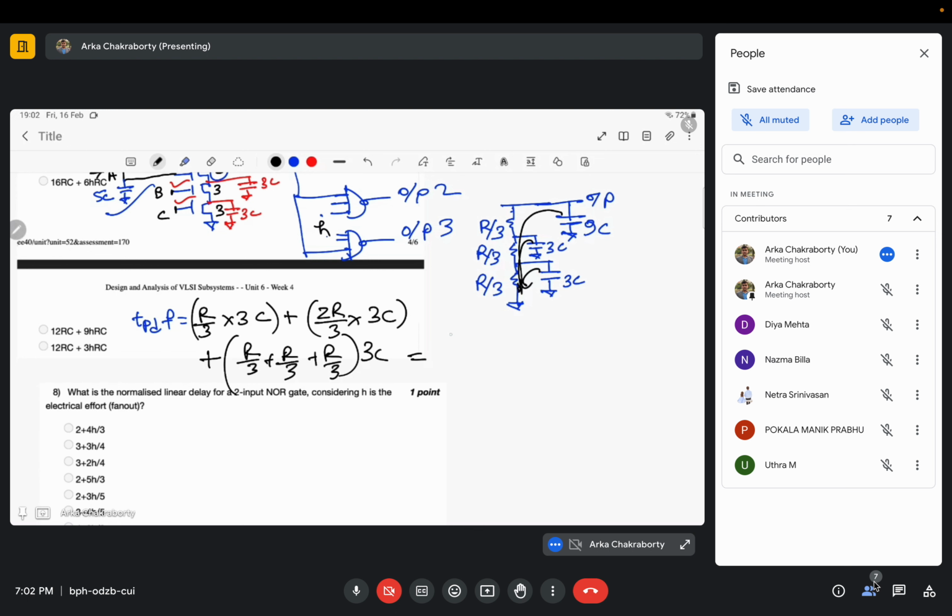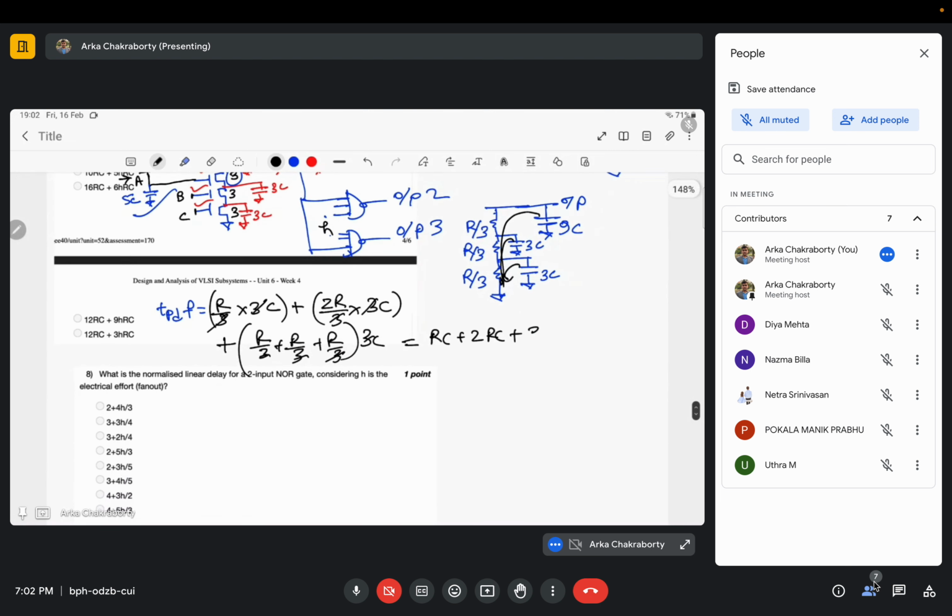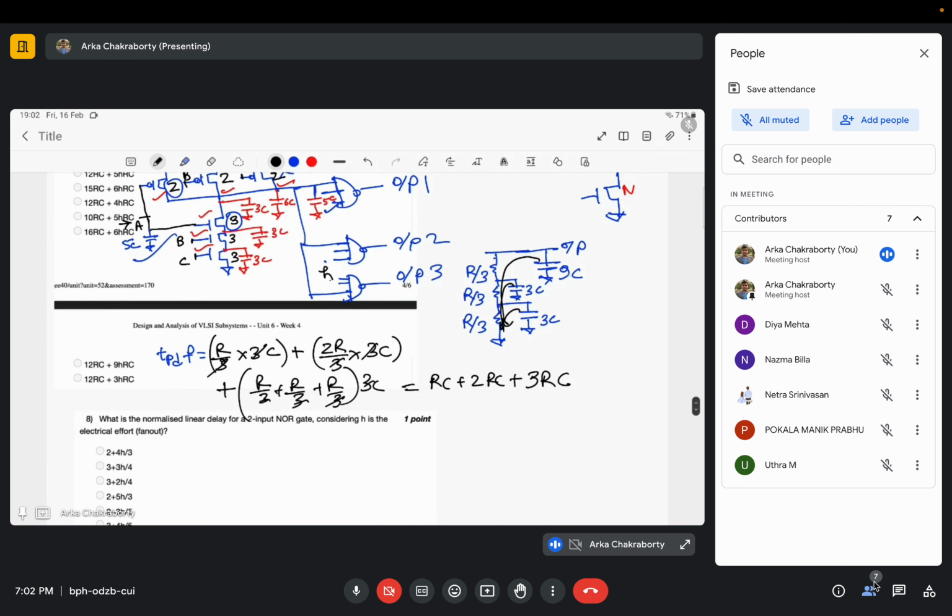See, so it would be basically RC plus 2RC plus how much? Oh, no, here the capacitance is how much? Here it is 9C, right?